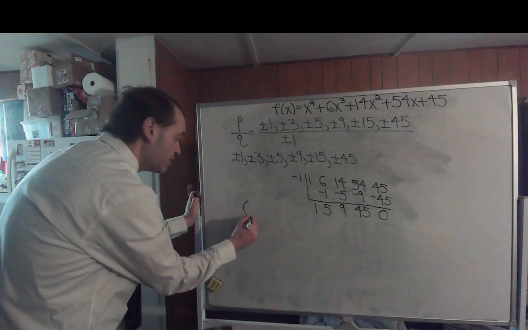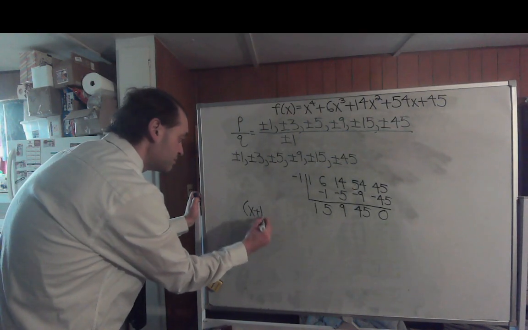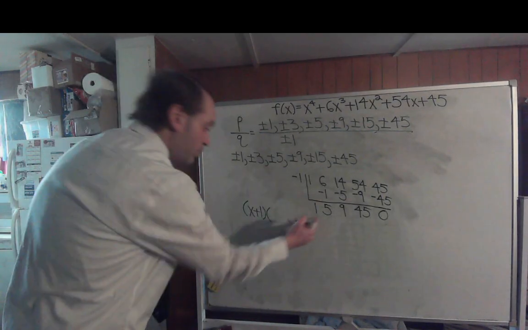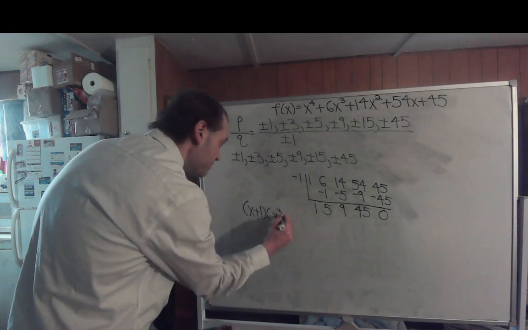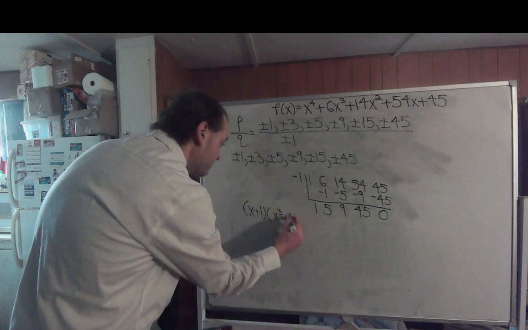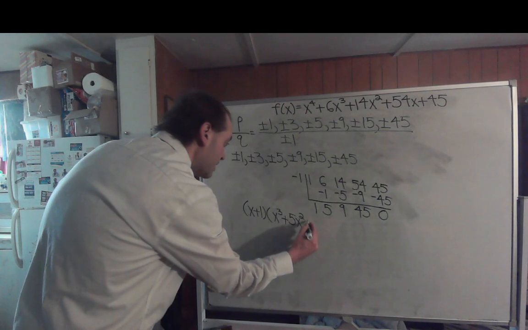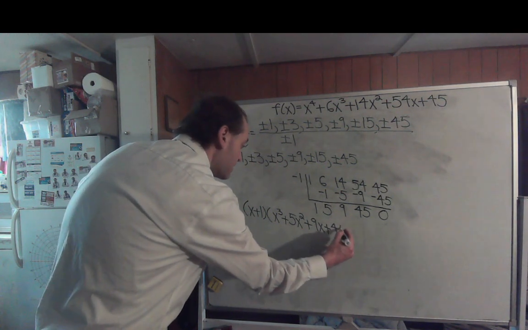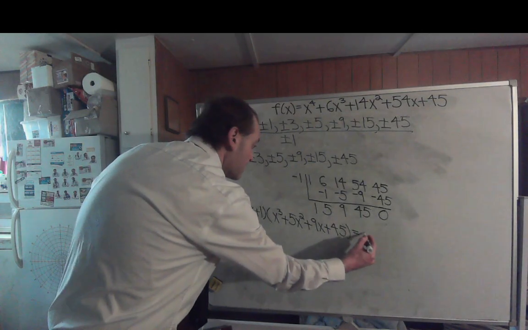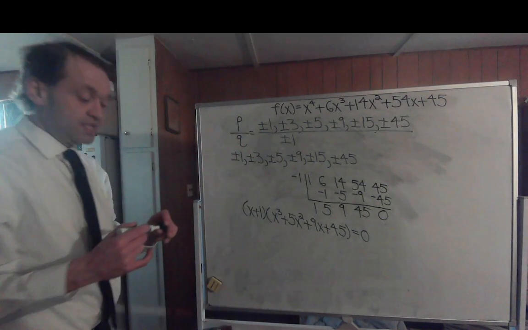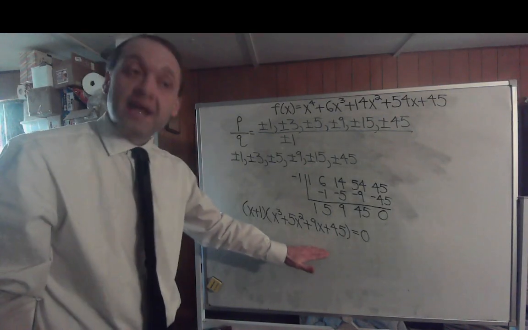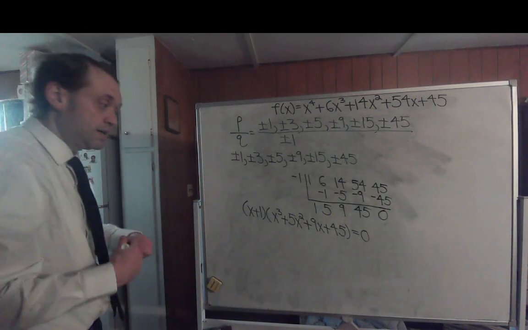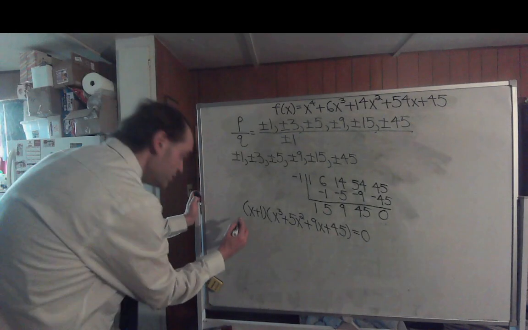So this is now going to factor into the quantity of x plus 1 times the quantity of x to the third plus 5x squared plus 9x plus 45, all that equal to 0. And the good news is our cubic factor, we can actually totally do that by grouping. So let's go ahead and do that here.